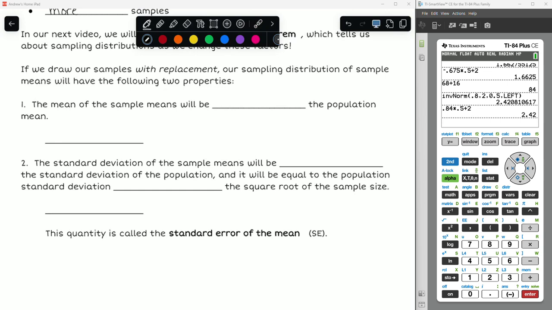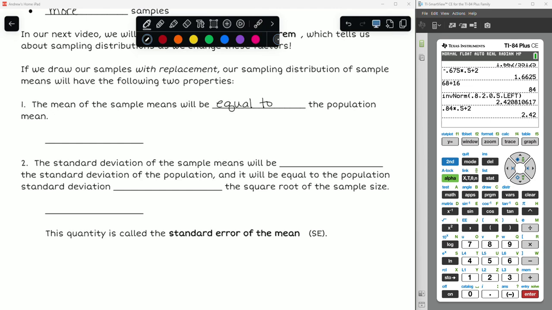The first is that the mean of the sample means will be equal to the population mean. Meaning the mean of the sample means of all of my samples of size 100 should be approximately equal to the population mean height. So I can use these sampling distributions to figure out what my population mean looks like without actually having to interview the whole population.